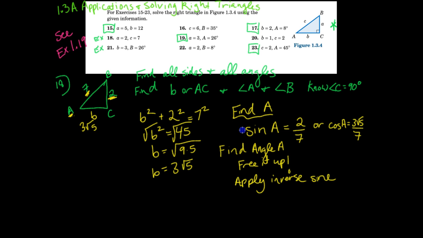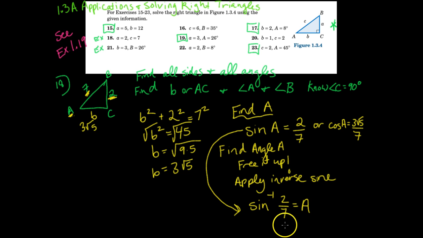So take this down: whenever you need to find the angle, think inverse. Sine inverse of 2 over 7 equals A. Essentially, the inverse switches the place of your two functions, your x and y, if you remember inverses and their role. So it frees up this A.